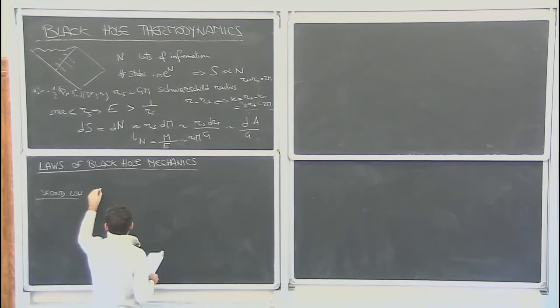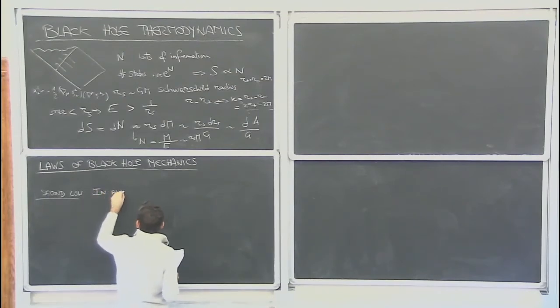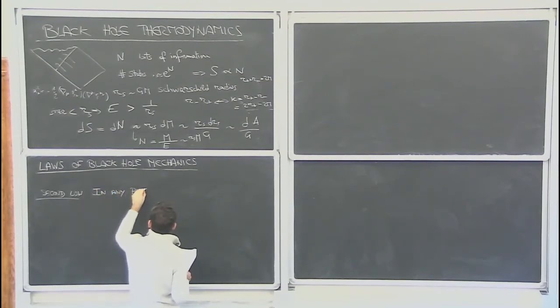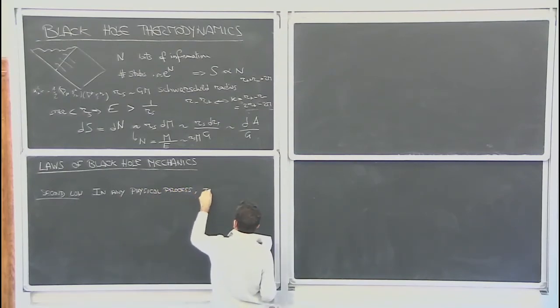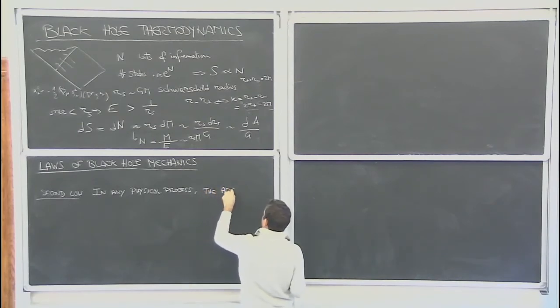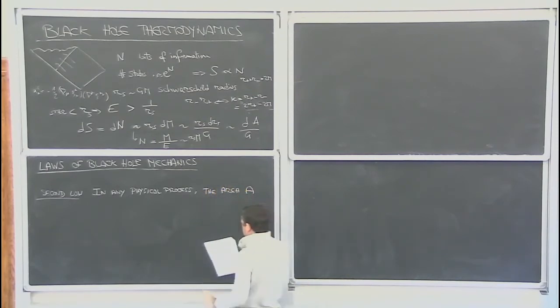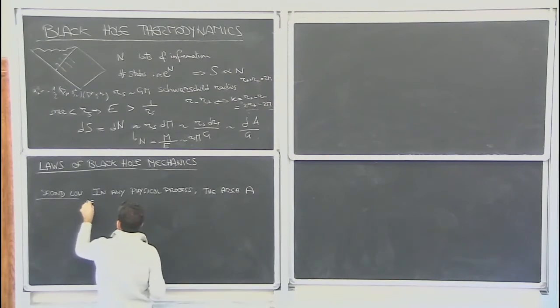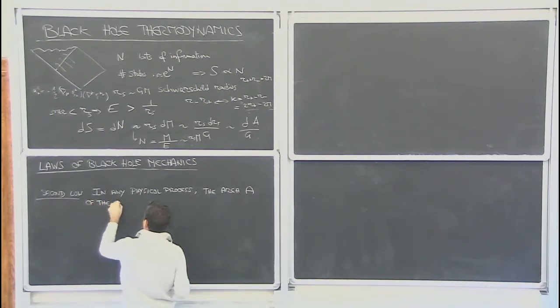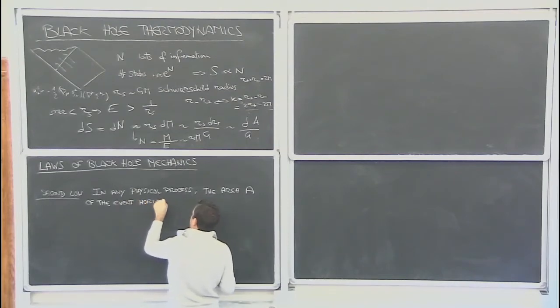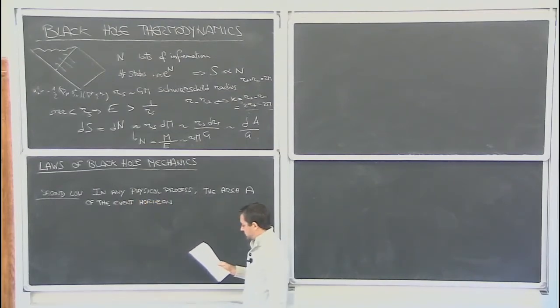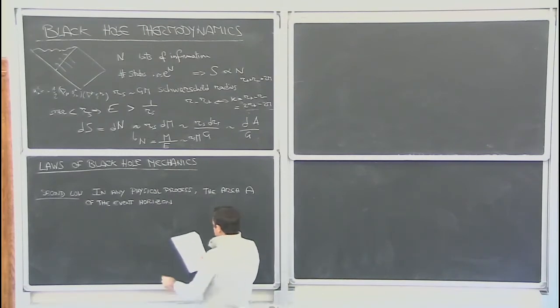So in any physical process, the area of the event horizon, what does it do? Yeah, does not decrease.